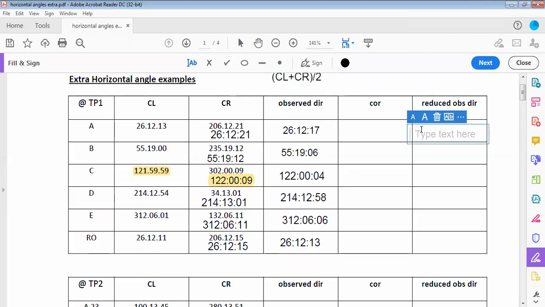So it will be 26, 12, 17. It will always be like that. When you get a table like this in your exams, it will always be like that.